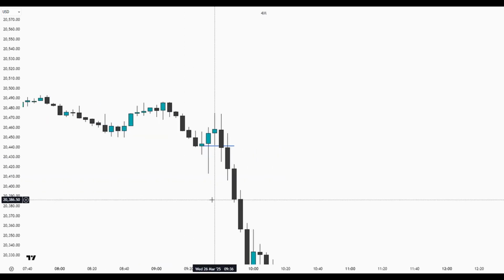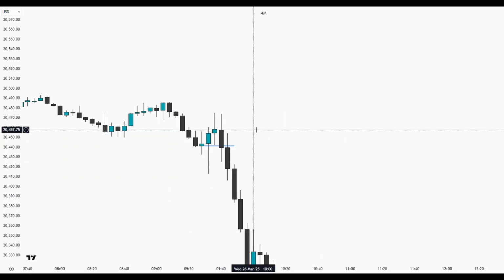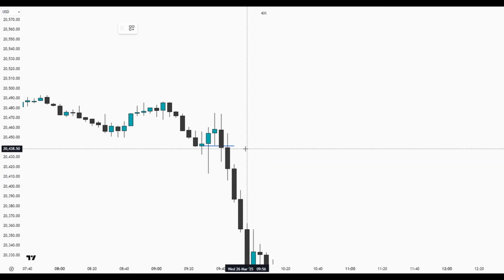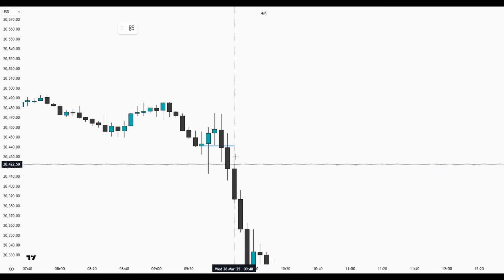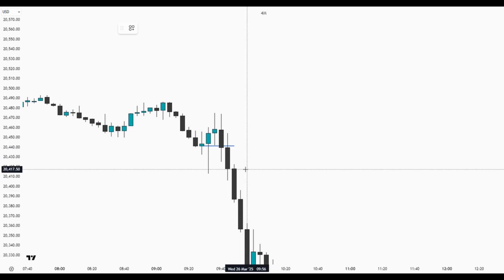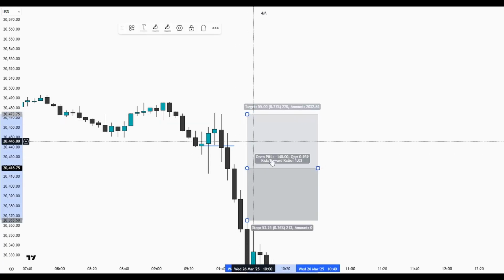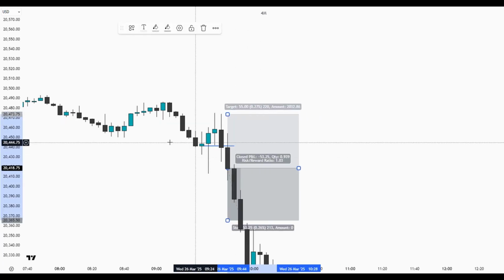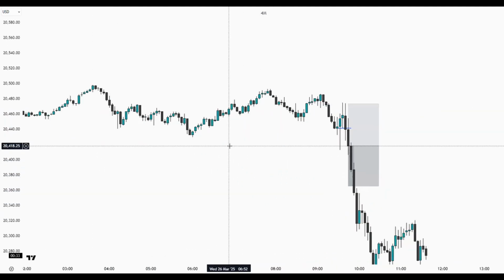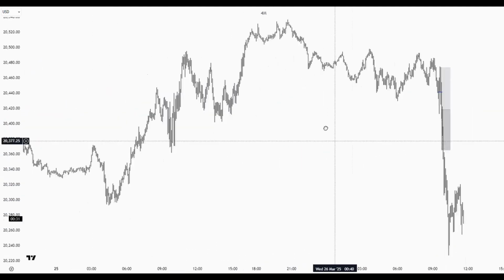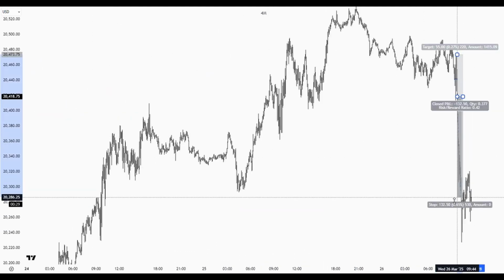And this is when I get involved. My entry was 418 and 3/4. Stop loss at this high. And TP was at this low right here.